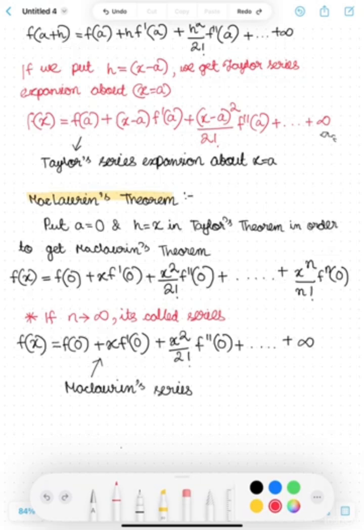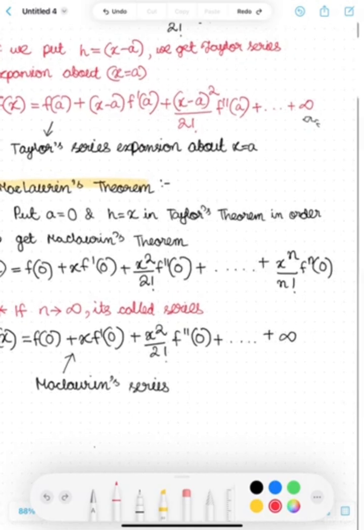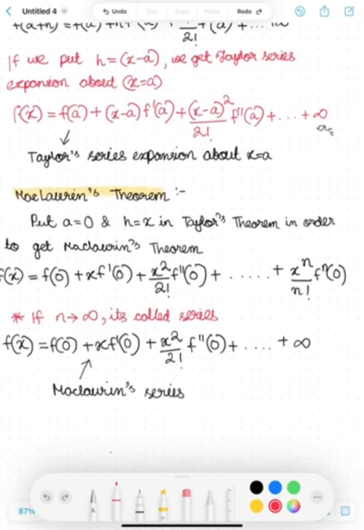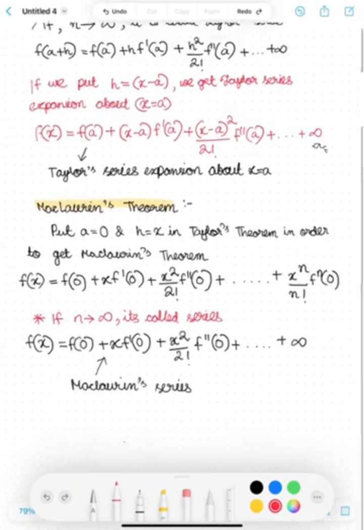Now, the Maclaurin's theorem goes like f of x is equal to f of 0 plus x f dash of 0 plus x squared divided by 2 factorial f double dash of 0, and it goes all the way till the nth term, that is x to the power n divided by n factorial f n of 0, that is the nth derivative of the function at 0.